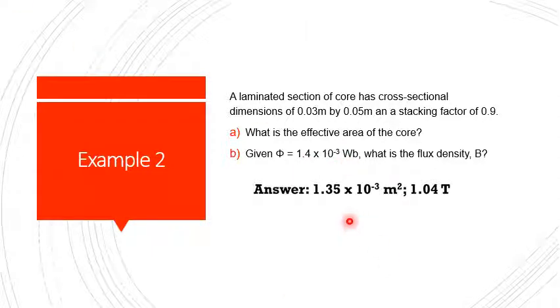First we find the effective area. The effective area equals the stacking factor times the physical area. Then we get this effective area. The flux density is phi divided by the effective area. Then we get this answer.